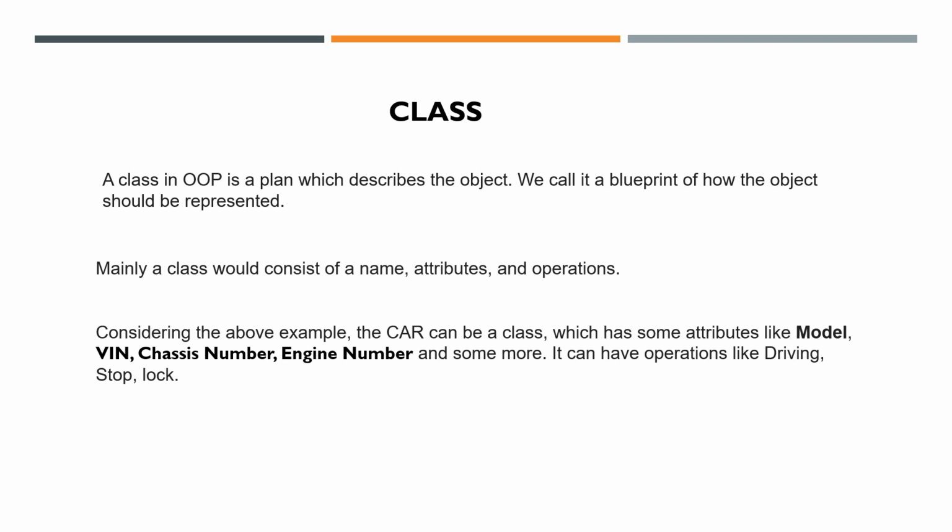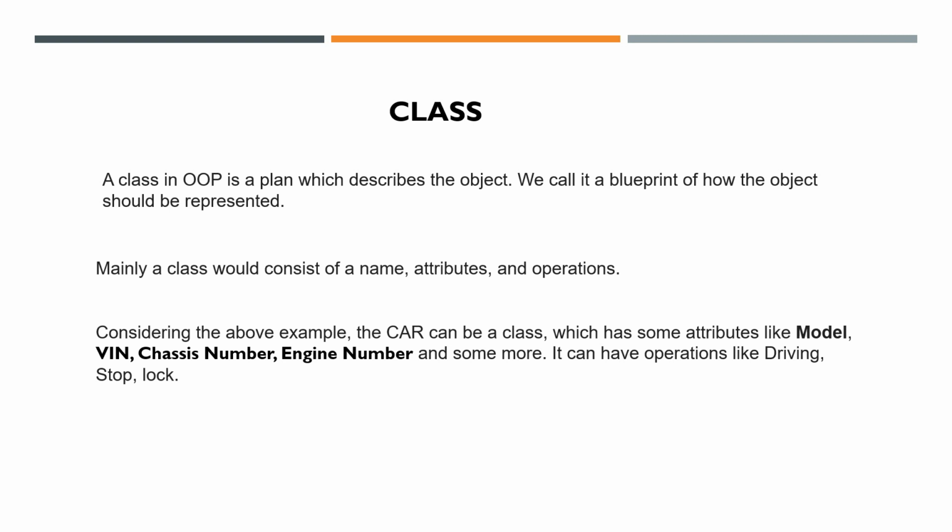If you are maintaining a database of a mobile, what are the things you are going to save? The model number, the IMEI number, the processor, the other things which are an attribute of a mobile. So this is the difference between attribute and operation.